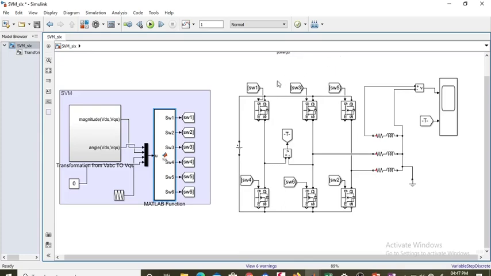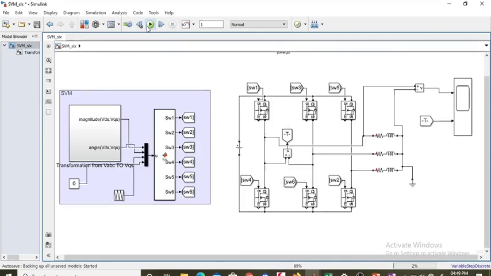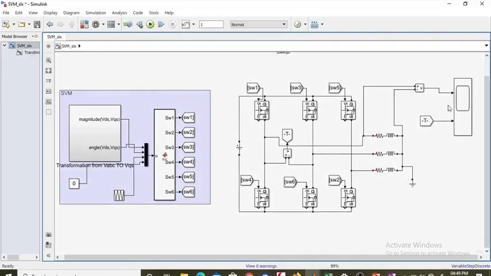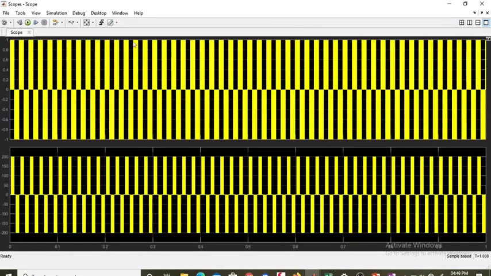Now these pulses, I have used the Goto block and From block to pass the signal here. Similarly for switch 2 is here, similarly for switch 3, and switch 4, switch 5 and switch 6. Sorry for that, this connection was not connected. Now I have connected it. I am running this simulation, then I will get the signal here.